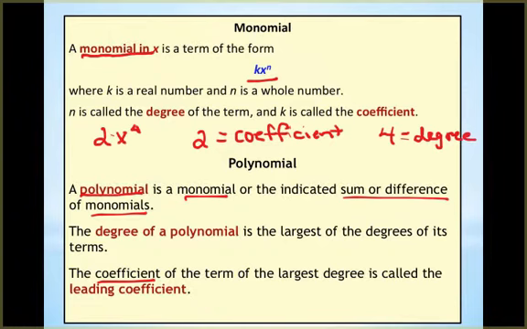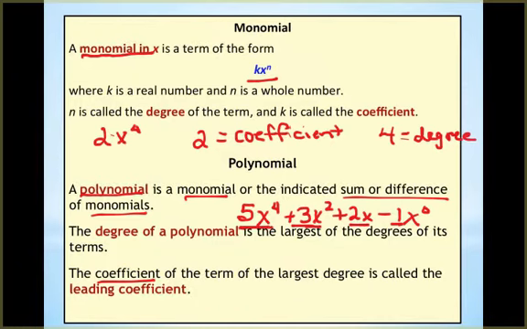A polynomial might be something like 5x to the fourth plus 3x squared plus 2x minus 1. Each one of those satisfies the condition to be a monomial, because we can imagine the last term as being x to the 0. And we're adding or subtracting those different monomials together to form a new polynomial. Each one of those terms has a degree.